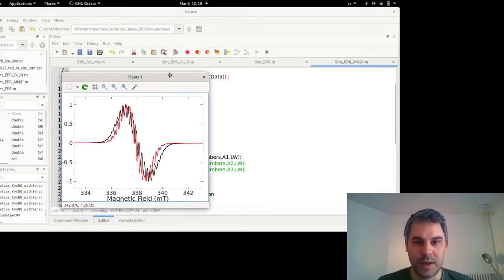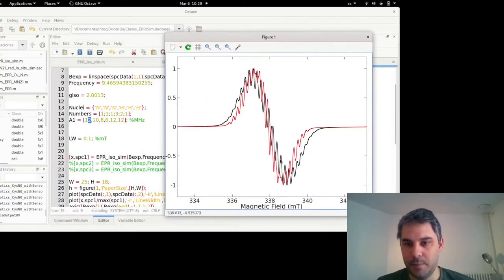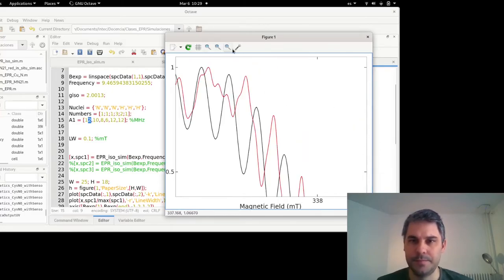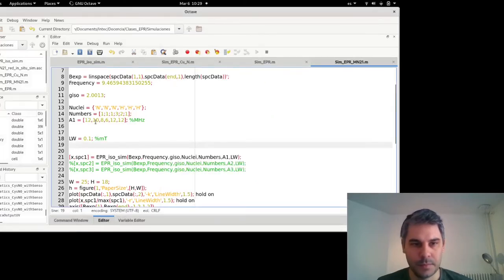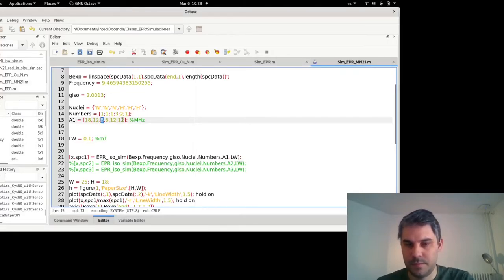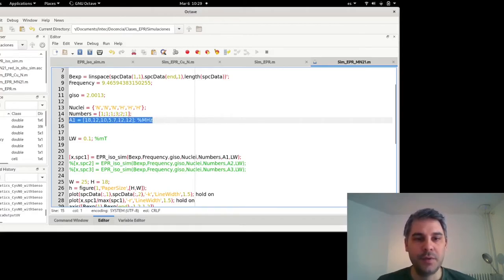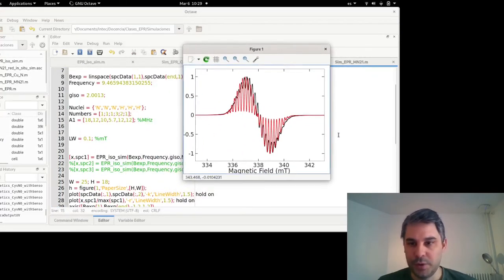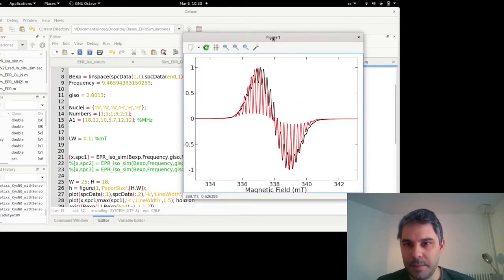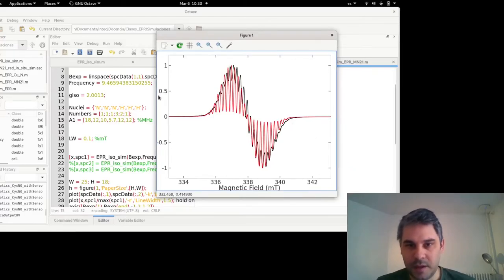I'm going to show you what happened, and now it starts becoming more and more similar, but still, of course, there are details which are off. So I'm changing the values a little bit because I already know what the final values are going to be, but I'm also trying to go step by step, showing how to make this more similar. And now it looks like basically I almost got it right.